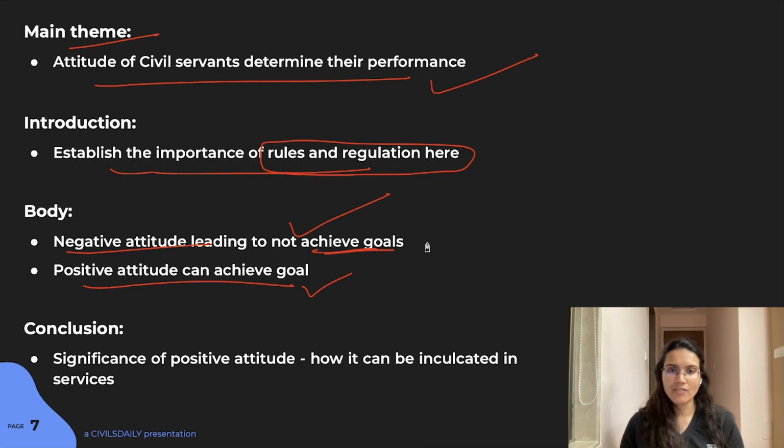When you have a negative attitude with respect to rules and regulations, you have a tendency to find mistakes, a tendency of not taking that extra step, and out of box thinking is something that is missing here.